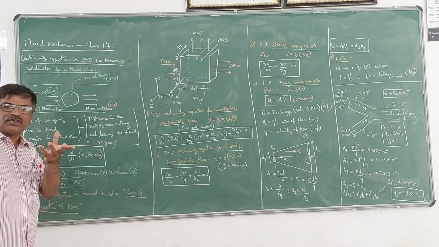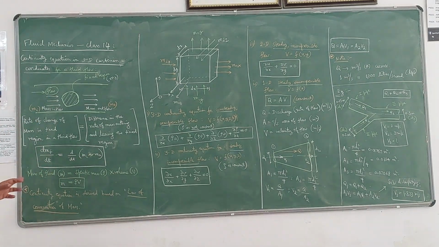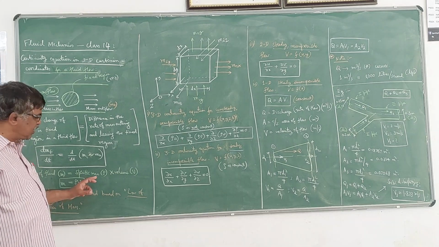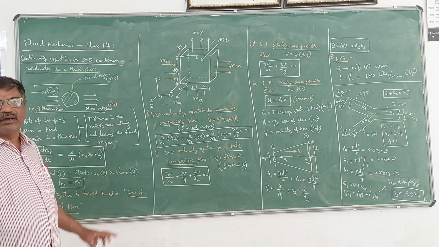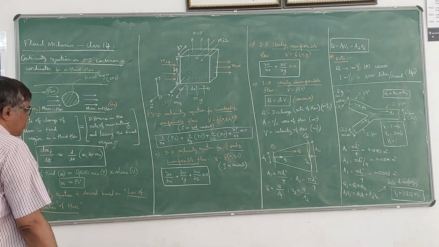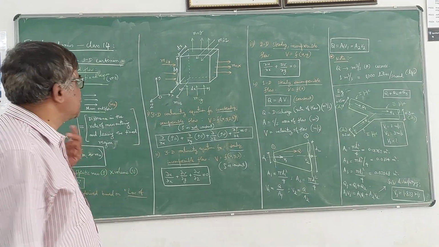You know that in the case of fluids, the mass of a fluid m can be obtained by multiplying the specific mass, or mass density rho, by the corresponding volume. That is, rho into V gives the value of m, from the basic definition of mass density.